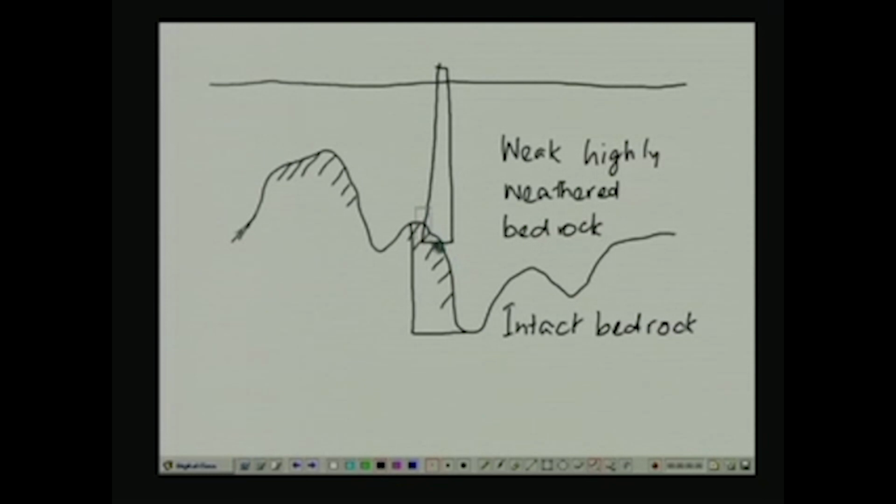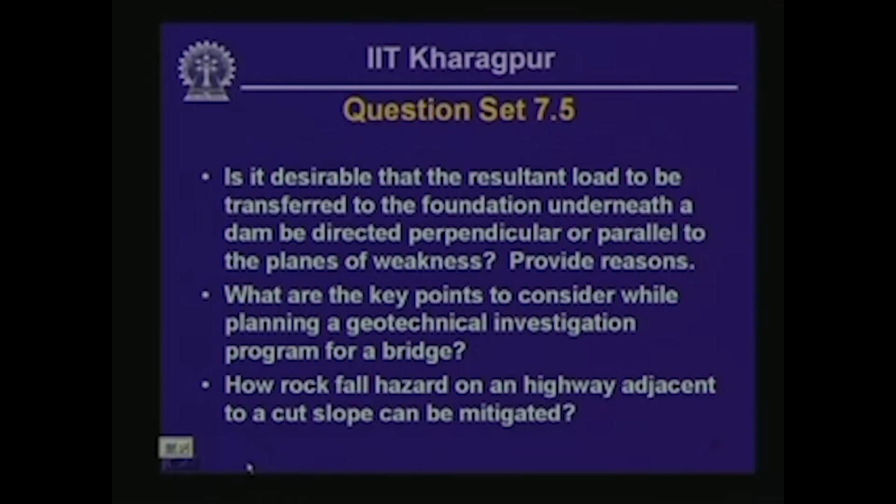We need to bear the pier at a deeper elevation, at a deeper location, like that, in order to ensure stability. So we need to be worried about the local variability of the load bearing stratum in terms of the elevation differences in case of a bridge foundation.